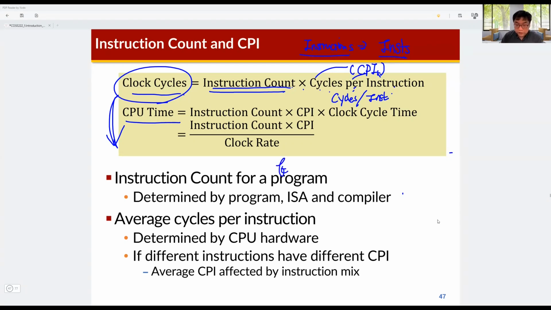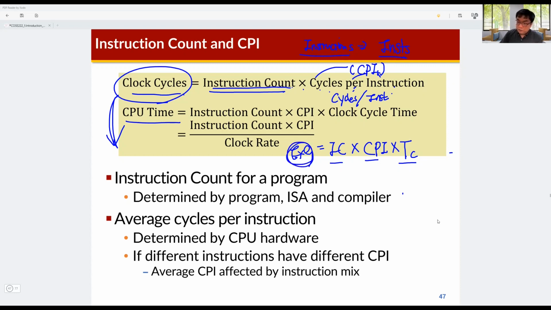Execution time is the instruction count multiplied by CPI multiplied by clock period. So there are three factors here. In order to increase the performance, we need to reduce the execution time.